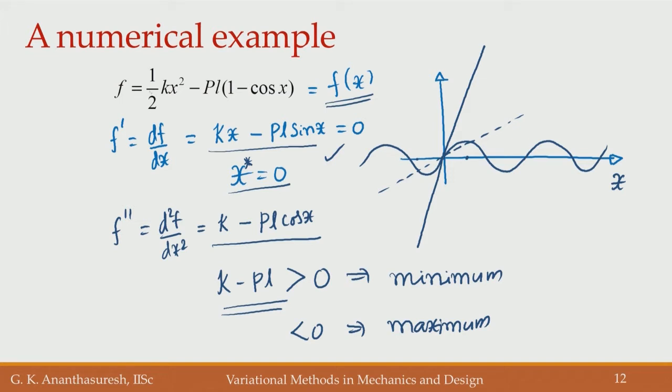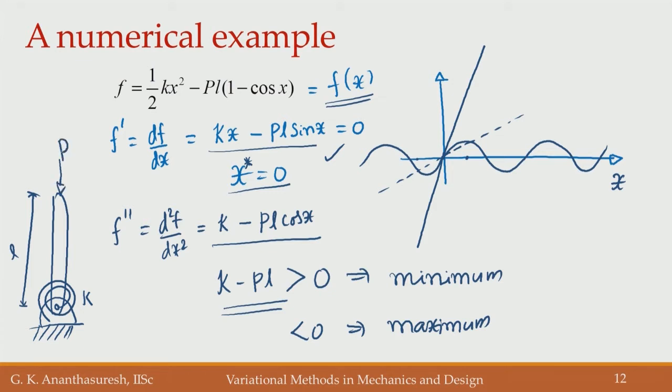It is in fact a wonderful simple example that illustrates buckling. If I have a rod which is hinged over here, and let us say there is a torsional spring here of constant k or kappa, and this length is L, this is a rigid rod here, and there is a compressive force P. For that, this is the potential energy, as we considered, the minimum potential energy principle gives you static equilibrium.